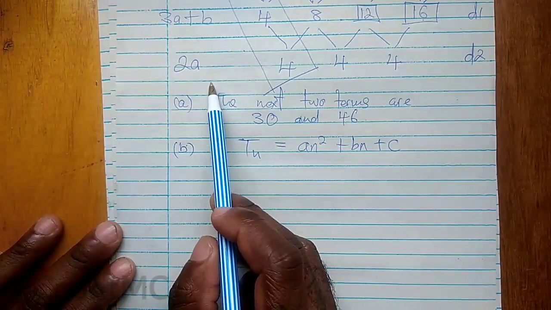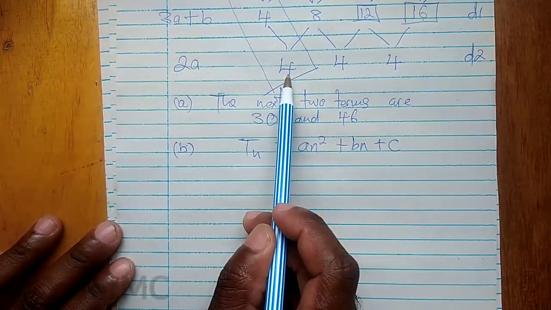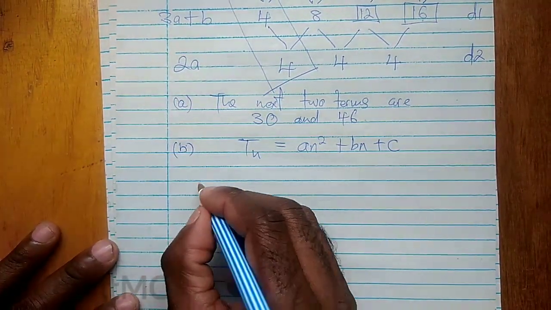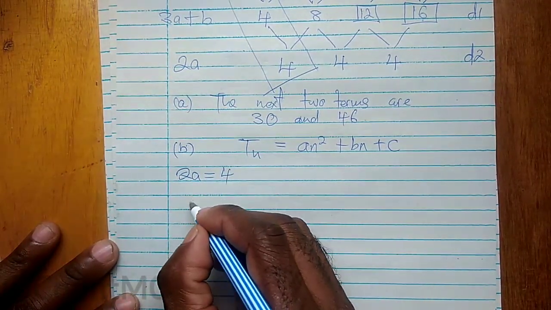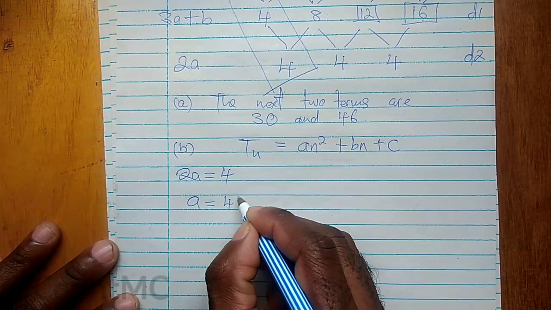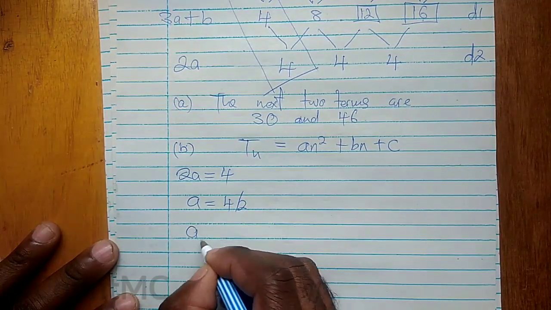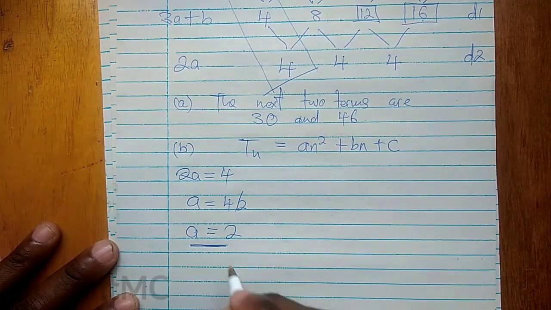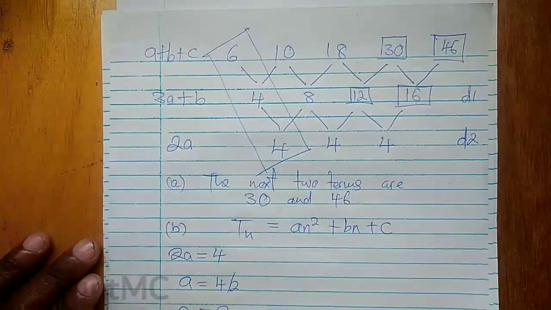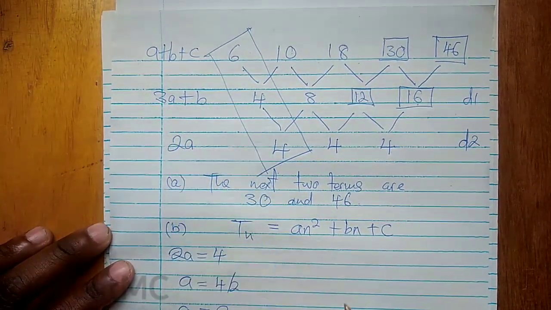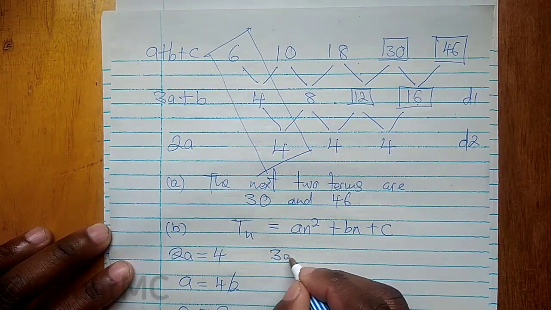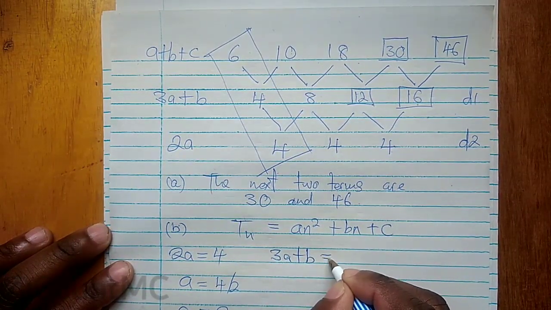Let us start. 2a is equal to 4. A is equals to 4 over 2. A is equals to 2. We now have our A. Let's do this one. 3a plus b is equal to 4.